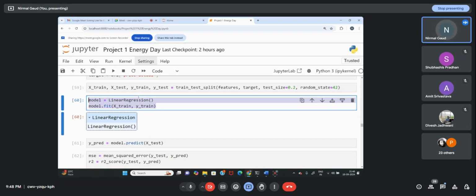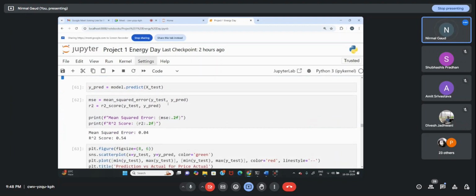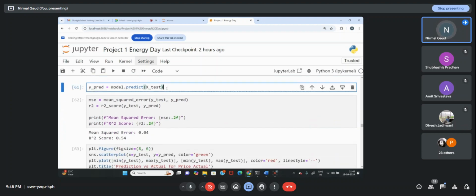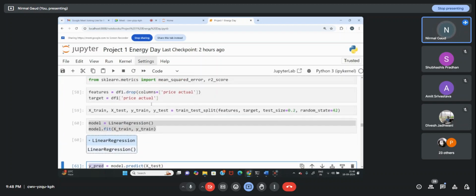Once my linear regression got trained, I can perform the prediction. For prediction, I am taking X test, and this is my Y prediction. These are the predicted values. Once your model got trained, you can apply it for prediction.